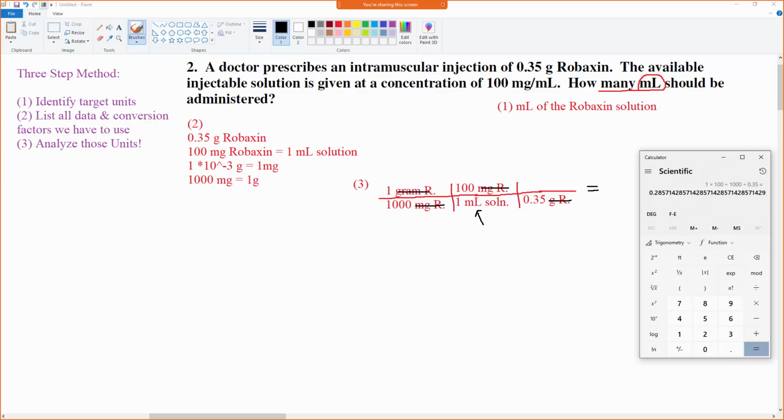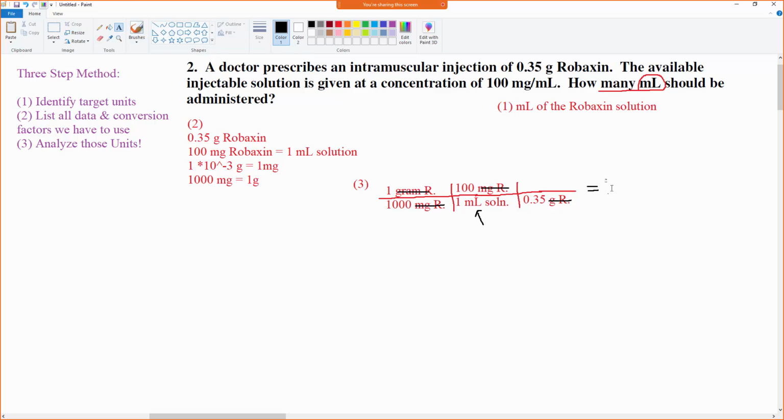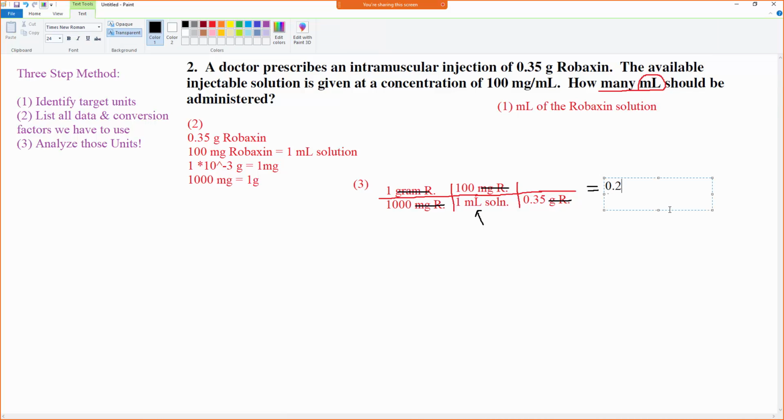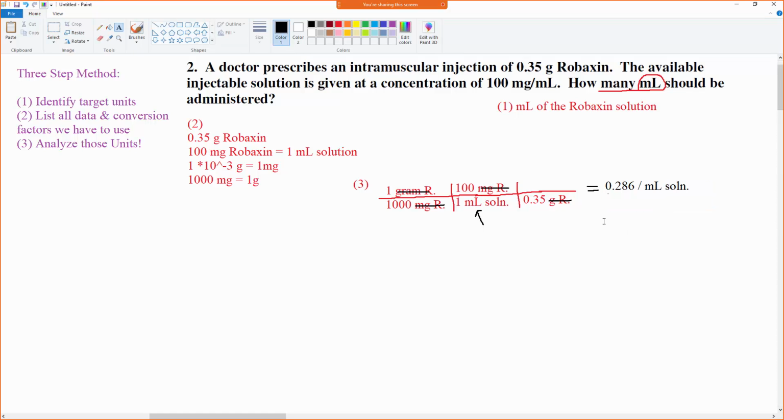And so when I do this math and I say 1 times 100 divided by 1,000 divided by 0.35, I get a number of 0.286. That's not milliliters because milliliters are not on the top. That's per milliliters solution, the appropriate unit to report for this calculation.